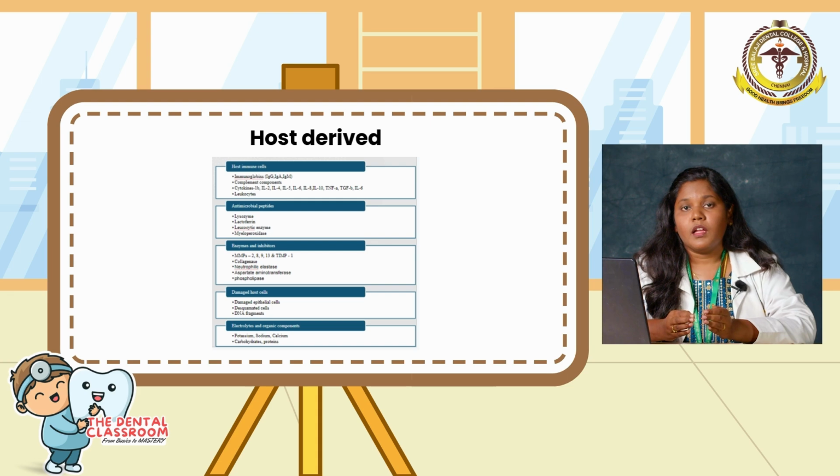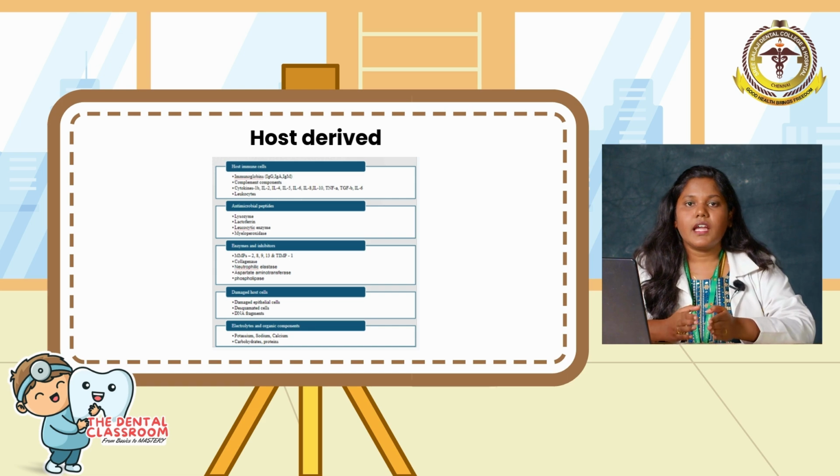These are some of the enzymes that cause the collagenolytic activity, and the neutrophilic products like the neutrophilic elastase, which is going to cause the lysis of the elastic fibers, and there will be an increased amount of aspartate aminotransferase, which is going to be increased so much if there is a highest amount of inflammation, and there will be phospholipases which are going to cleave the lipid molecules also. These are the enzymes and inhibitors.